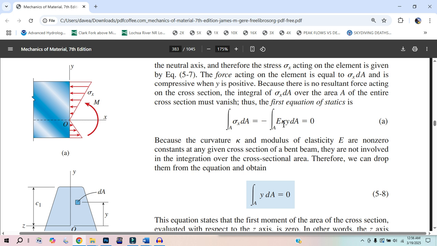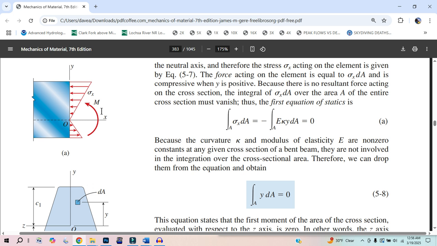Curvature, could curvature be zero? Not by where we started this. We said that a moment, by definition, by observation, makes something curve. And I kind of proved it with my molecule thing: if you have two molecules getting crunched at the top and two getting pulled at the bottom, you don't get a trapezoid.